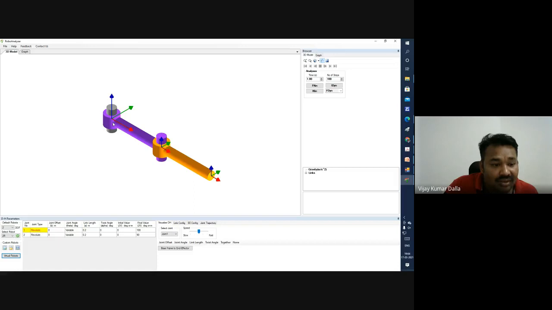And what about the joint information? 2R, revolute joints.